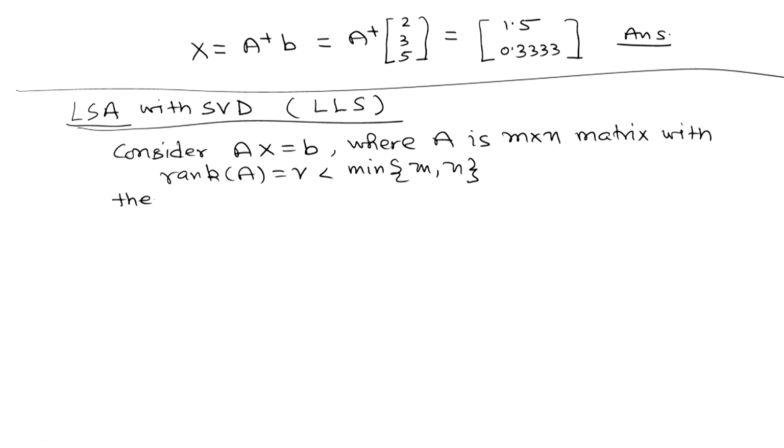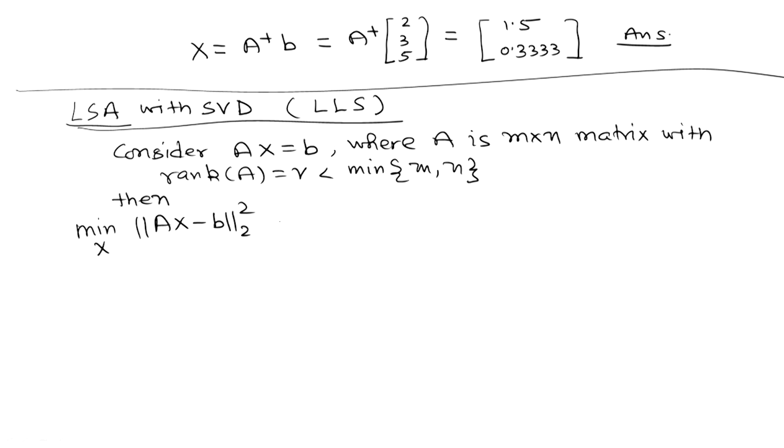Then if it is an overdetermined system, the least square solution is to minimize the square norm of Ax minus b, and we have to find such x.